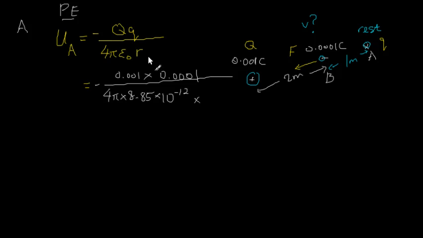And r, the distance at A, is 1 plus 2. That's 3 meters. With this and my calculator, I find that the answer is minus 298 joules. And joules is the unit for energy. In the same way, I can then find the potential energy at B.